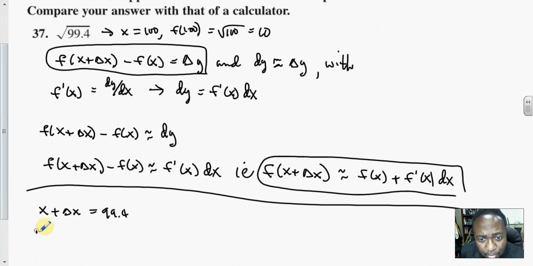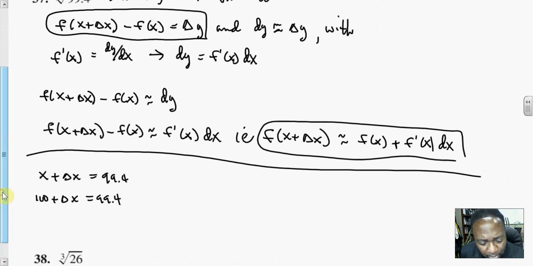If x is 100 plus delta x equal to 99.4, it doesn't take rocket science to tell us that delta x is 99.4 minus 100, or negative 0.6.